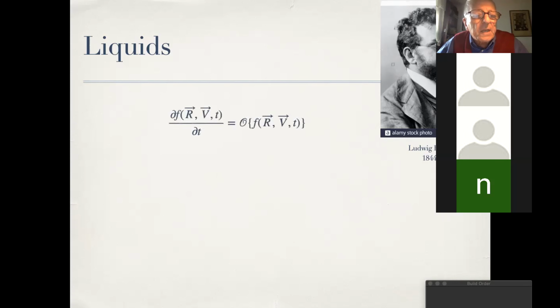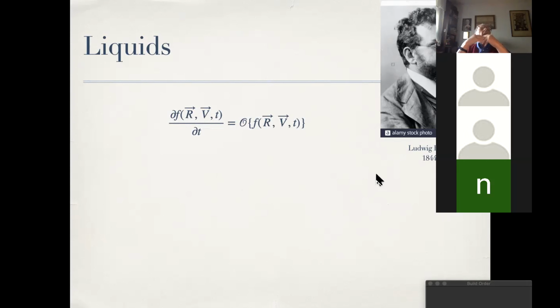So the contribution of Boltzmann is what is called the Boltzmann equation. Boltzmann was able to argue that this function f, the probability of finding a particle in a liquid with the velocity v at the point r at the time t, obeys an equation. That equation is a change in time of that function, a time derivative.